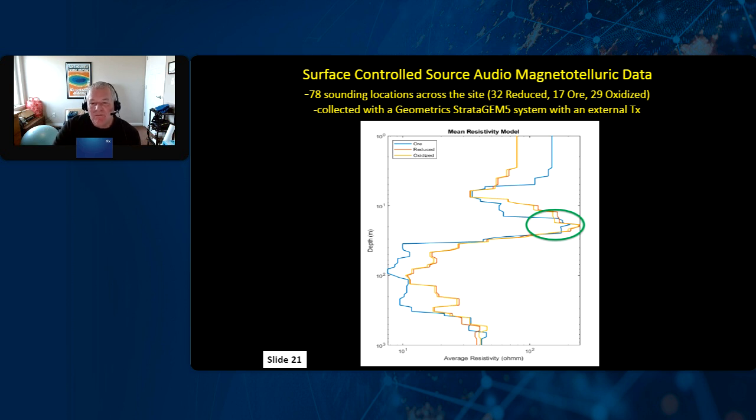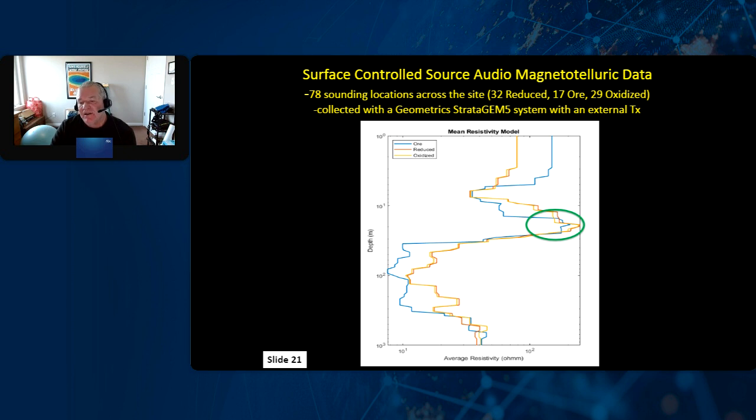The interesting thing of note here is that our ore zone is still a lower resistivity. No surprise, that's good. That's what we would have expected already. But in this case, the ore, the oxidized and the reduced zones tend to overlap each other, at least at this place, and so we can't necessarily discriminate them.